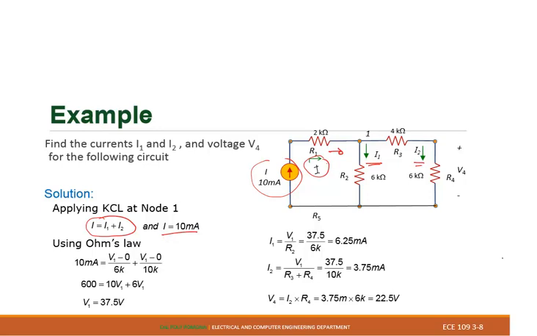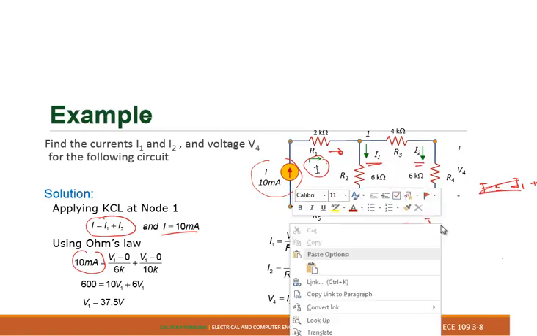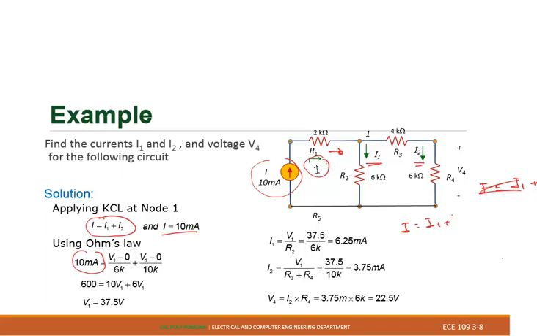Okay? So if you're using Ohm's law, 10 milliampere current right there. Again, I is equal to I1 plus I2.